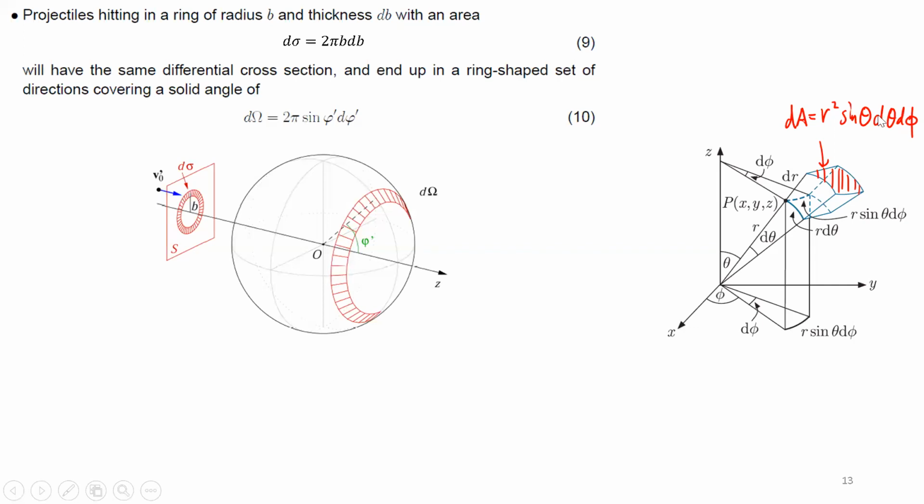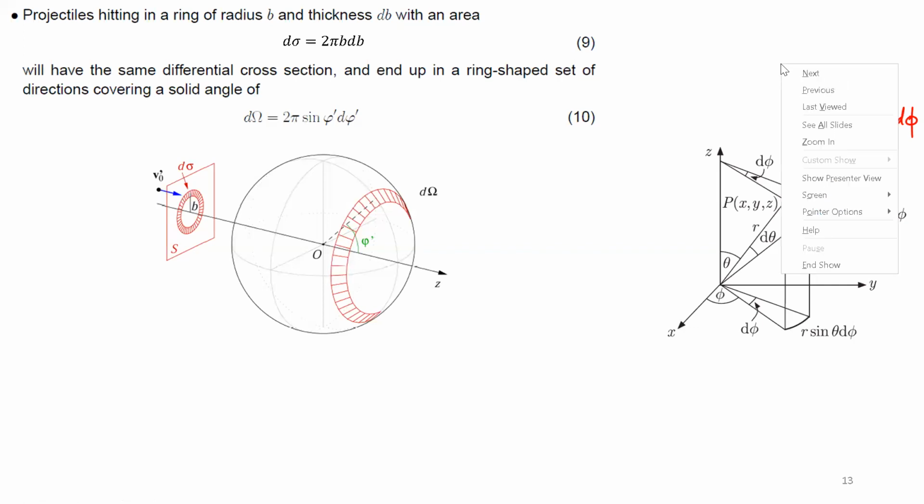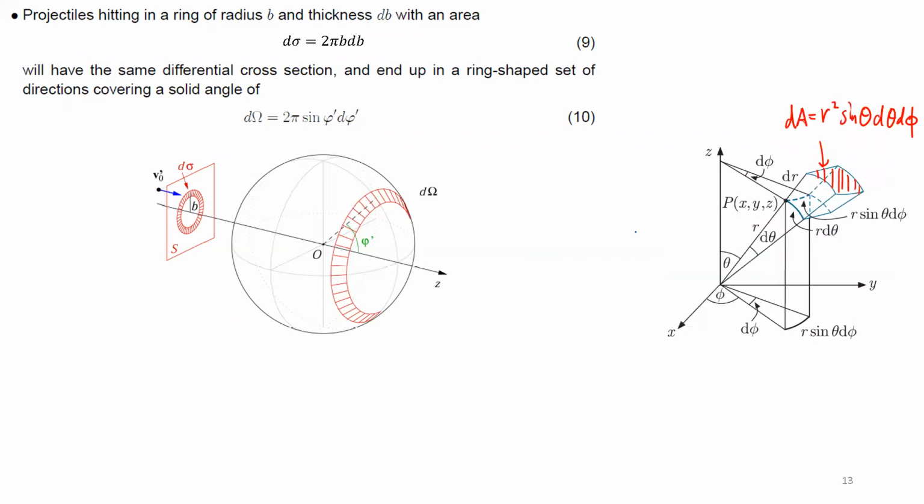And of course, what I actually want is a solid angle, not really the dA, so I want d omega. Then this d omega is given by dA divided by r squared, so that would be sine theta d phi.